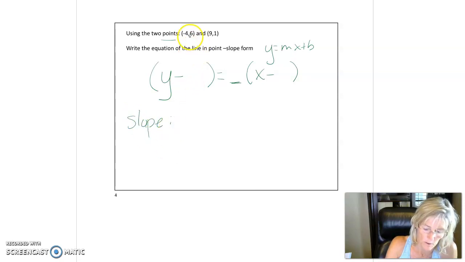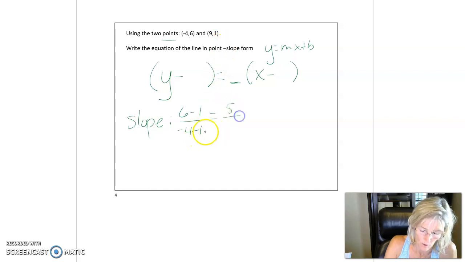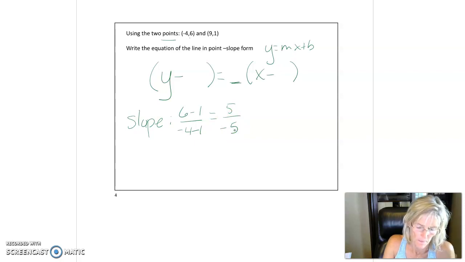So the slope is the y's, 6 minus 1. And you can go 1 minus 6 as long as you go backwards on the x's too. I always go left to right, then I don't get confused. Negative 4 minus 1. This is 5 over negative 5. Oh, I missed something.